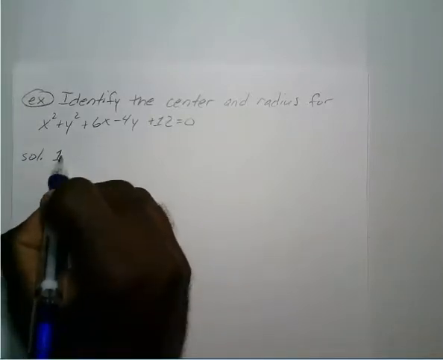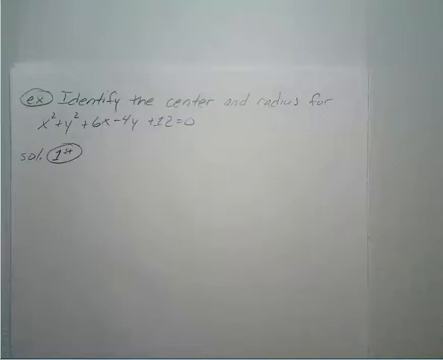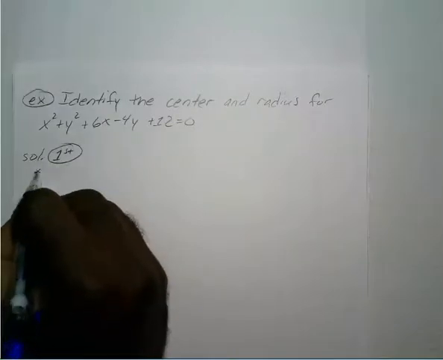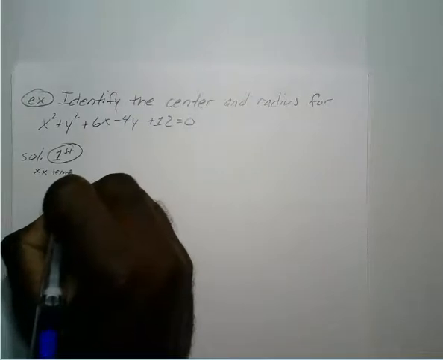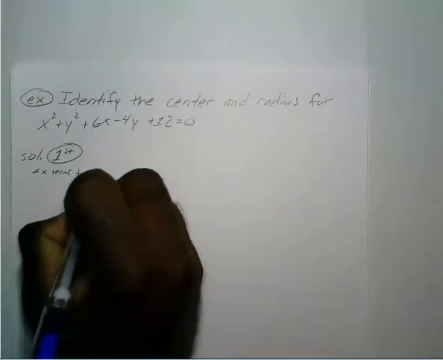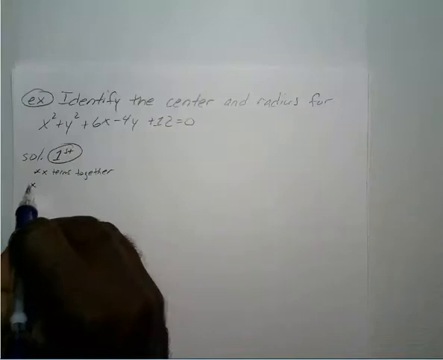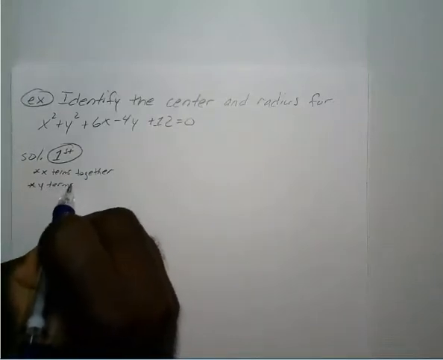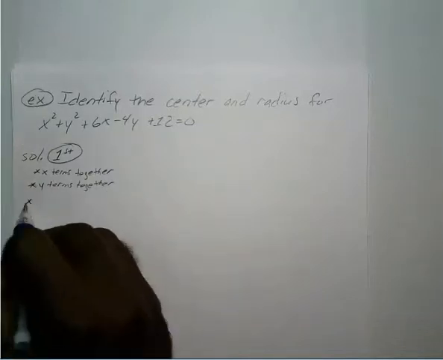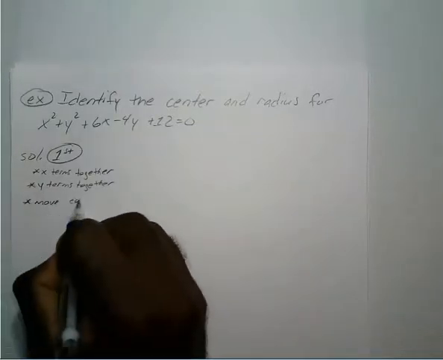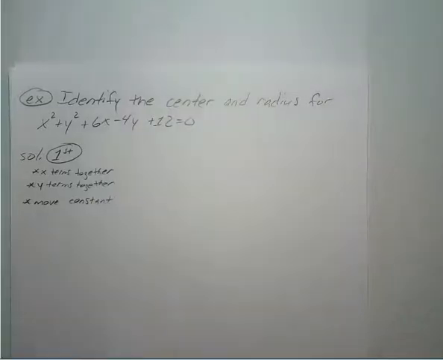Okay, so remember the very first page, we had our steps to convert from general to standard form. So remember your first step, you want to put your x terms together. You want to put your y terms together. And you want to move your constant. Okay, you can do all three of those at once.